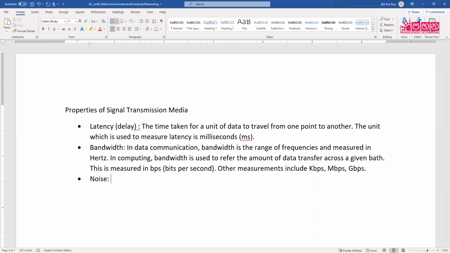So noise means nothing but something externally added to the signal, right? What happens in noise is it will disturb the original signal.